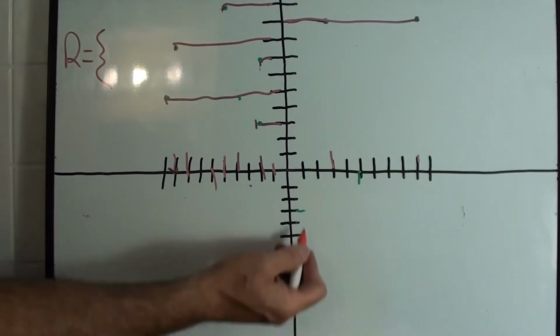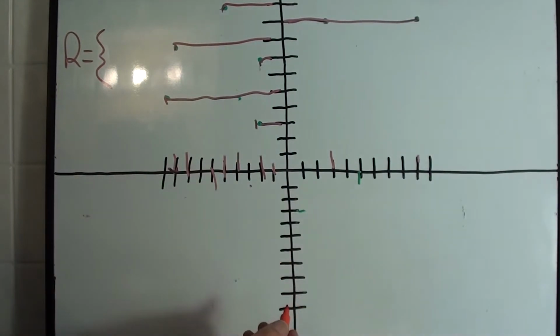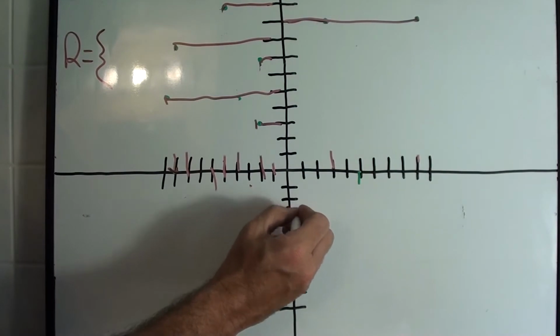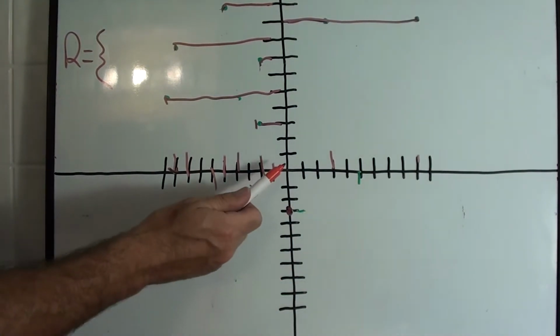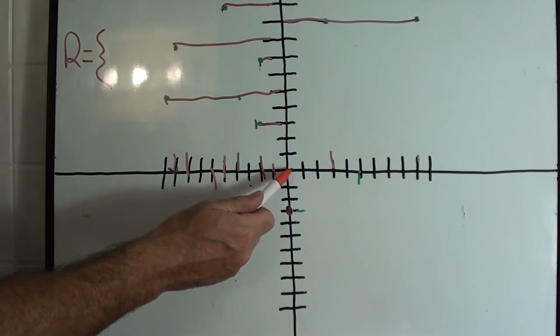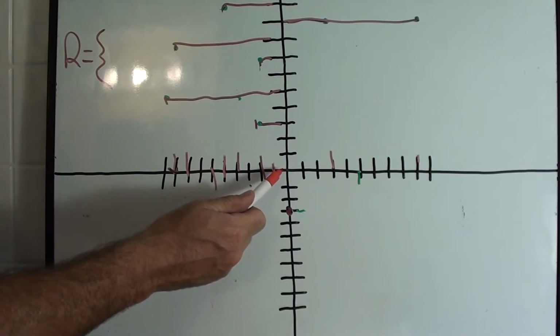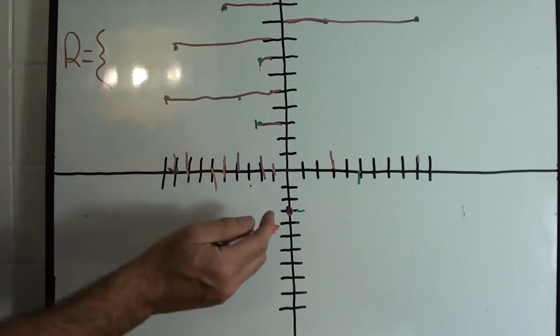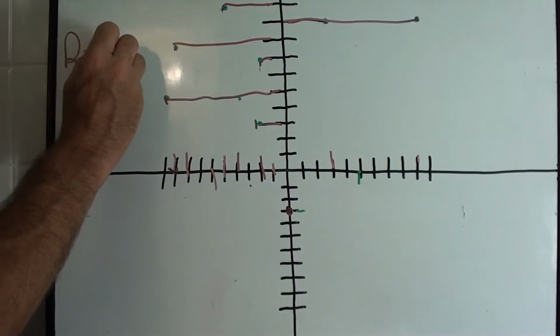Well, there's no negative numbers in the range in this instance, okay? But let's just make one up right quick. Let's just put one here. So that would be -3, because we're only looking at the range.